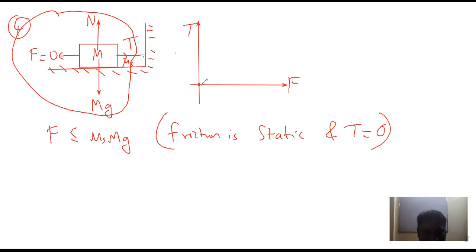So till the applied force is increased gradually and it becomes equal to mu s mg, till then what will happen? Static friction will act and tension will be 0. So all the way, applied force is increasing from 0 to mu s mg and tension force is 0. But now, once the applied force is greater than mu s mg, what will happen in that case?